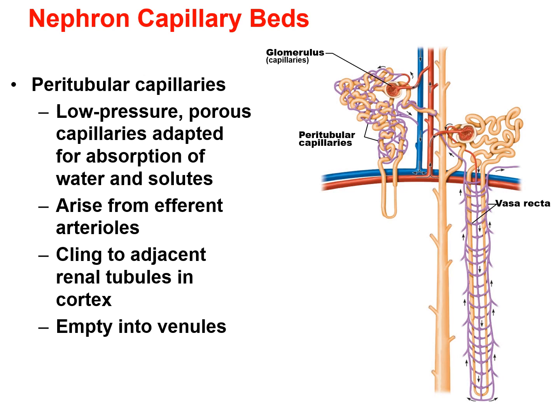Earlier we talked about how they are going to arise from your efferent arterioles that are draining the glomerulus. So you can see that here. And they are going to be clinging to the renal tubules in the cortex of your kidney. And they are eventually going to drain into a venule that will then drain into your cortical radiate vein.